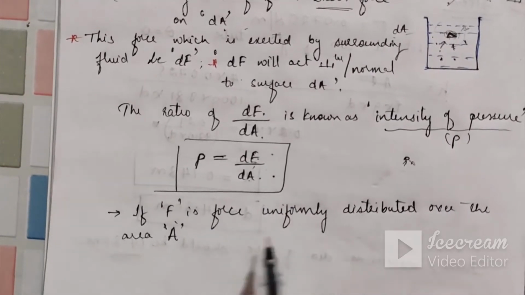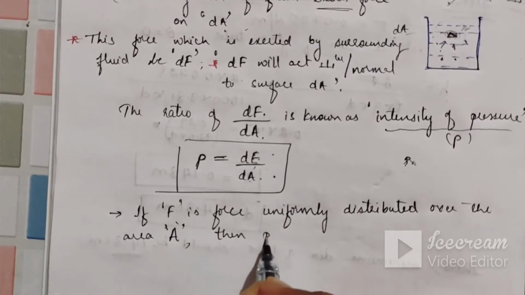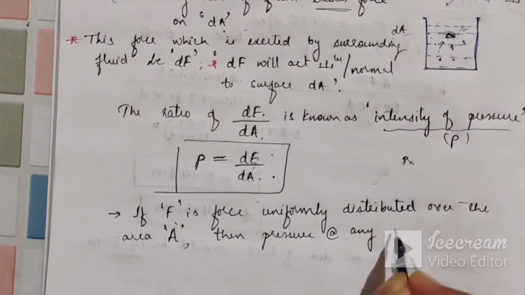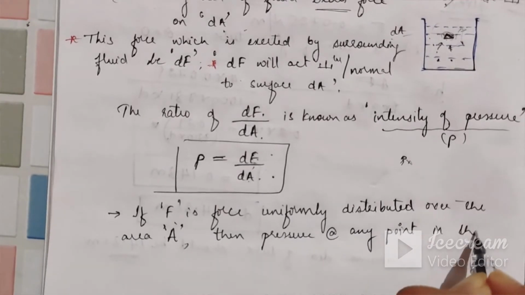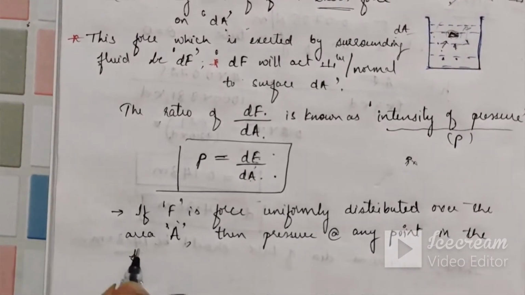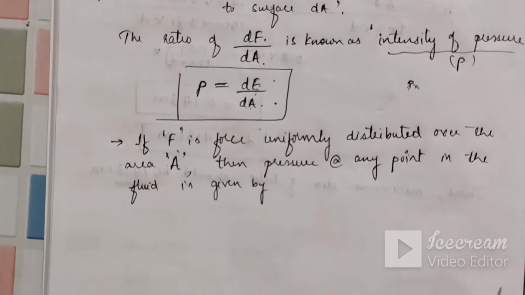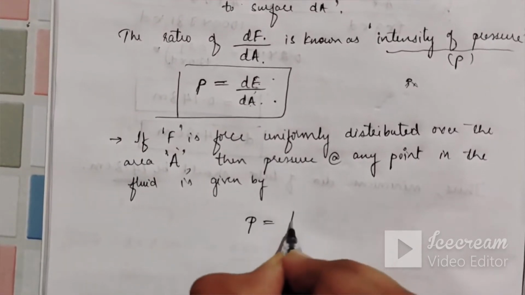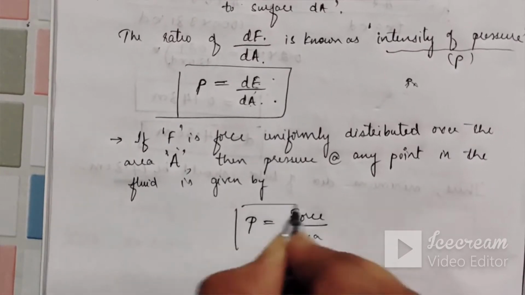So F is the force uniformly distributed over the area A, then the pressure at any point in the liquid or fluid is given by P, small p, is equal to force by area.